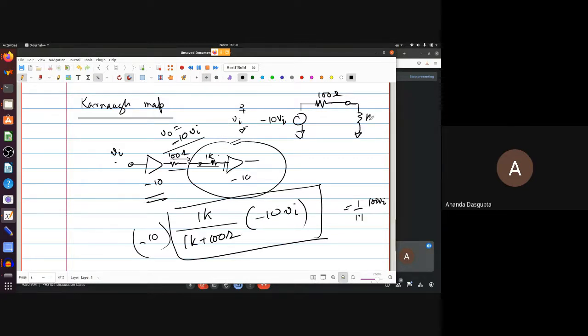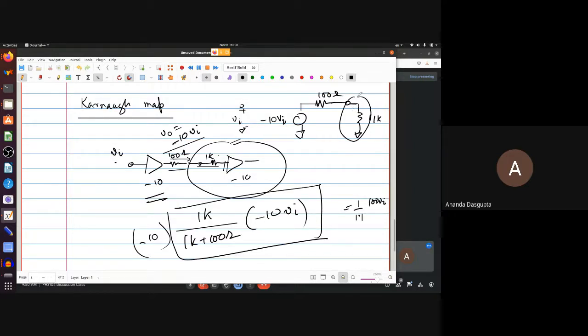But what it does see is this. You have a 1K connected across the source. So the -10 Vi would be dropped across the 100 ohm and the 1K. But of this, only the voltage drop across 1K is what goes to the other amplifier. This part is inside the first amplifier. It doesn't contribute to the input of the second amplifier.